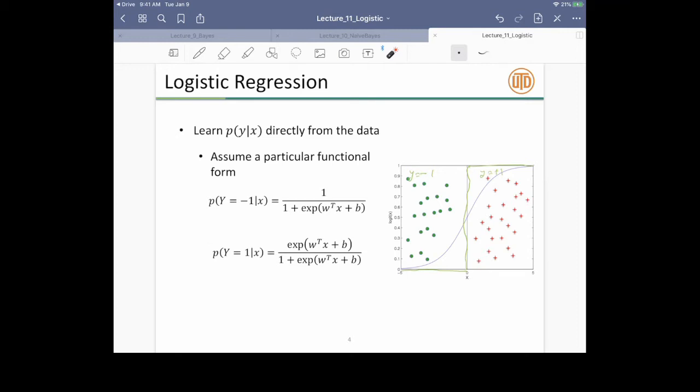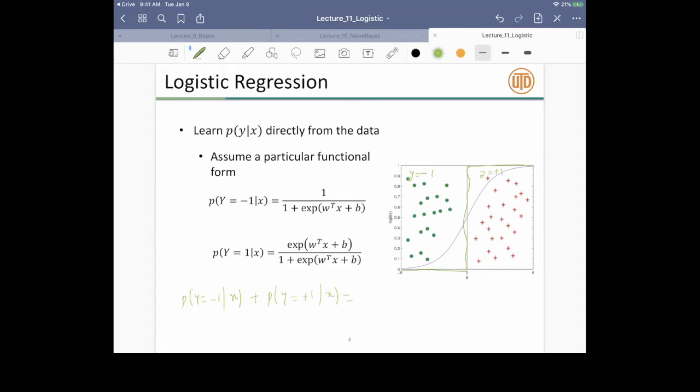The functional form of logistic regression is basically something like this. P of y equal to 1 given x is equal to exp raised to w transpose x plus b divided by 1 plus exp raised to w transpose x plus b. And P of minus 1 given x is 1 over 1 plus the same thing. If you add both of these up, P of y equal to minus 1 given x plus P of y equal to plus 1 given x, what should this be?